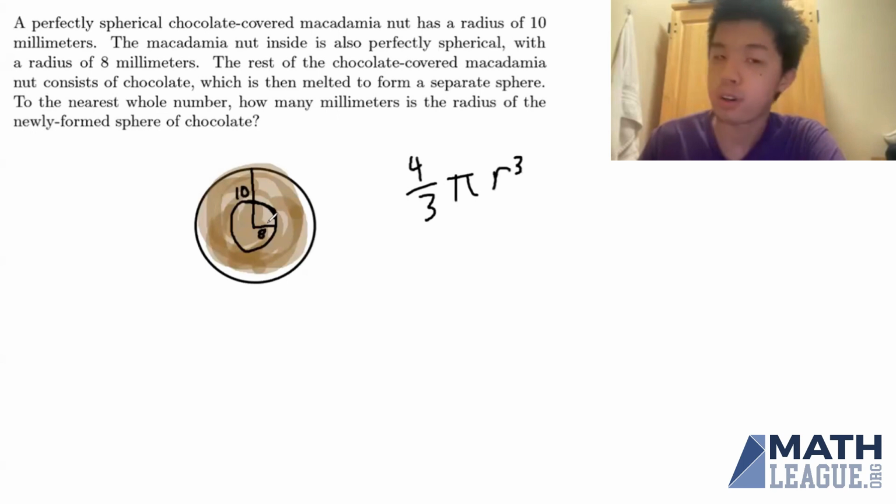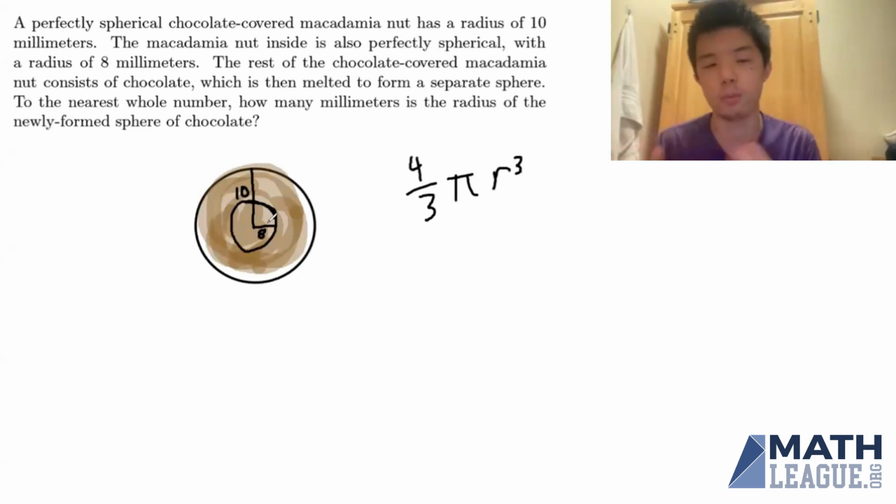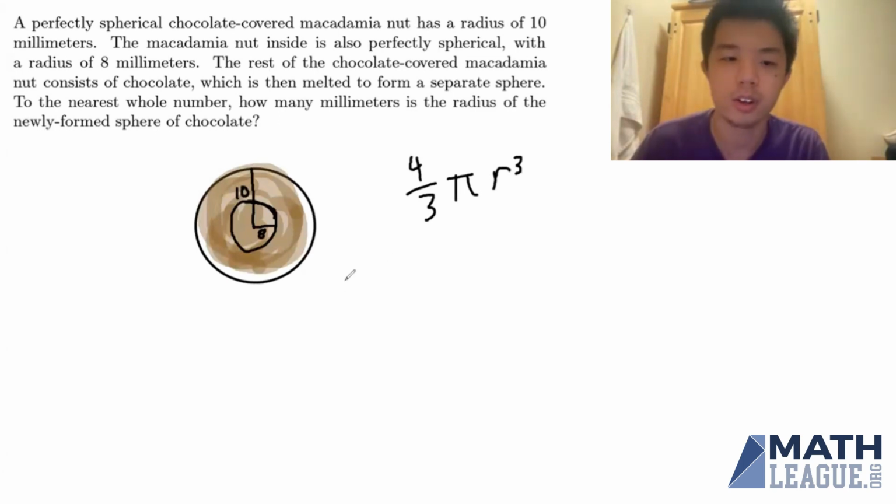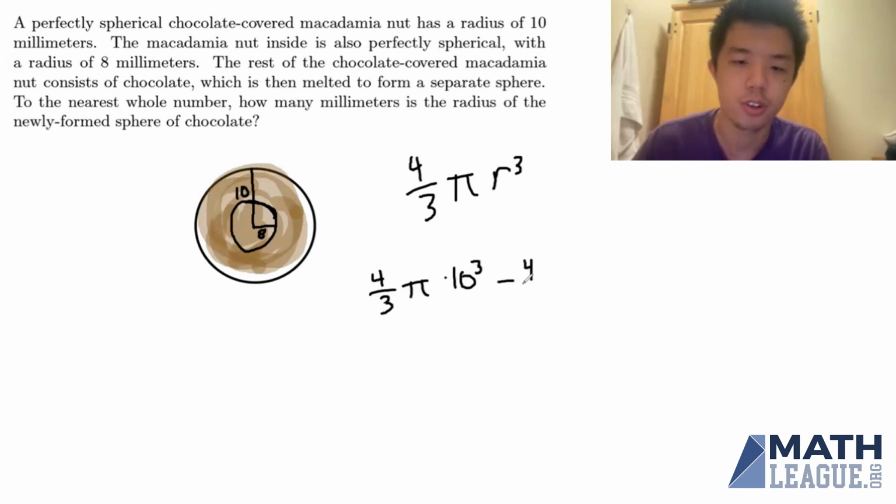And therefore, if we want to find the volume of the chocolate, which we can then reform into a new sphere, we just have to take the difference of the volume of the sphere with radius 10 and the one with radius 8. And if we find the difference, we find that this is equal to 4/3 pi times 10 cubed minus 4/3 times pi times 8 cubed.